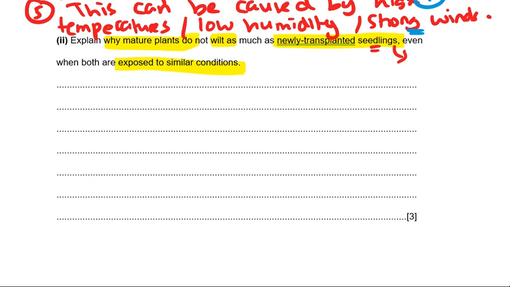So one thing you can guess is that they might not have developed root systems, and maybe their xylem as well. They're not very woody, are they, when they're seedlings? They're just really tiny babies, and you've grown them before and you see that they don't really have woody structures. So that's your xylem.